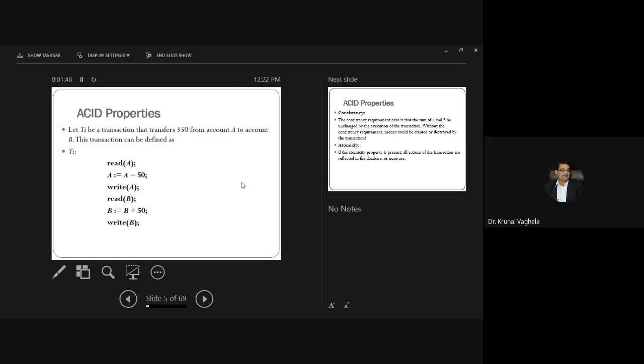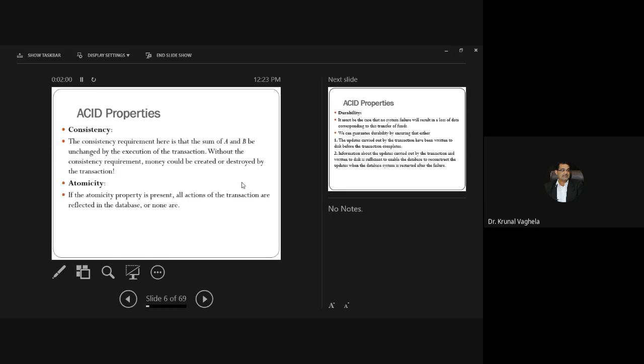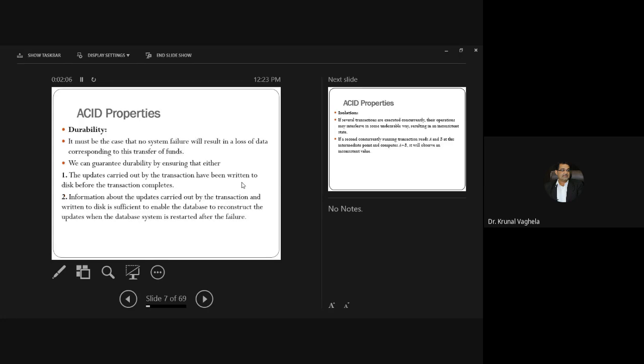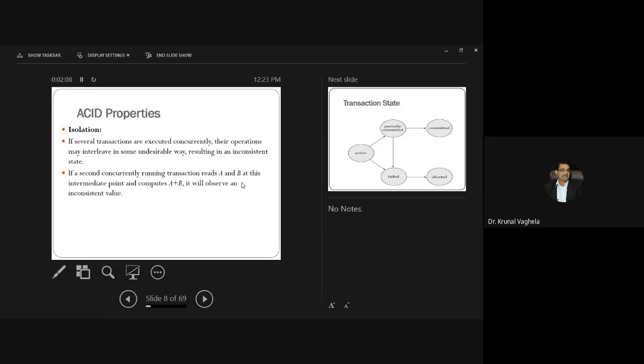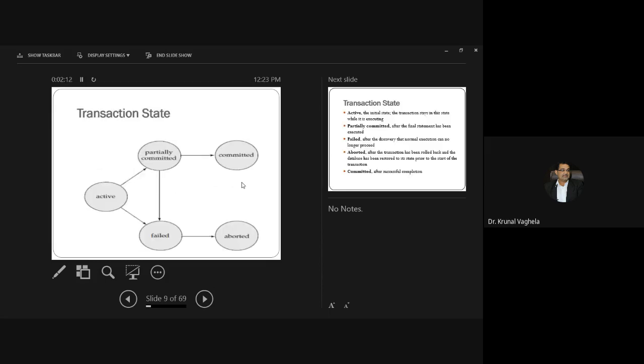Then we have seen a simple transaction to transfer $50 or 50 rupees from account A to account B, and in context with that, the four ACID properties: consistency, atomicity, durability, and isolation. And then we have seen the states of the transaction.